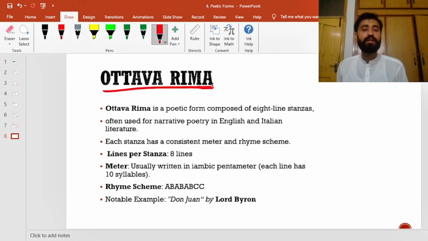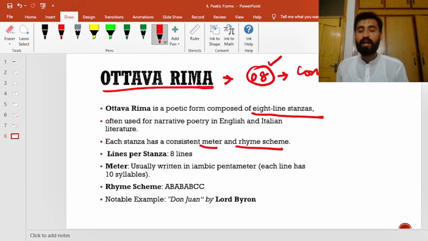Ottava Rima is another poetic form composed of 8-line stanzas, right? Often used for narrative poetry in English and Italian literature. Each stanza has a consistent meter and rhyme scheme. So we can say that Ottava Rima is a poem in which all the stanzas have 8 lines, and the main thing is that it has consistent meter and rhyme scheme.